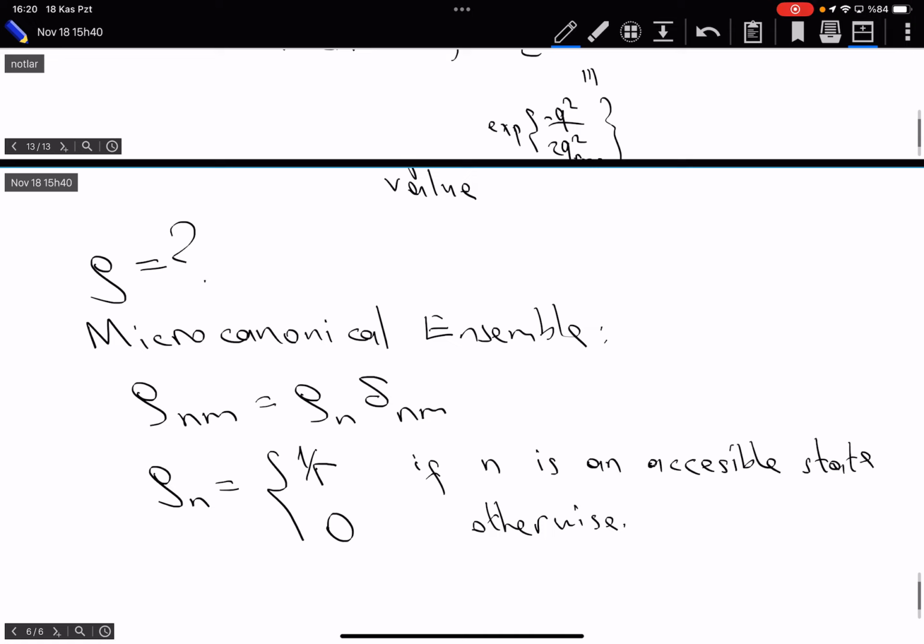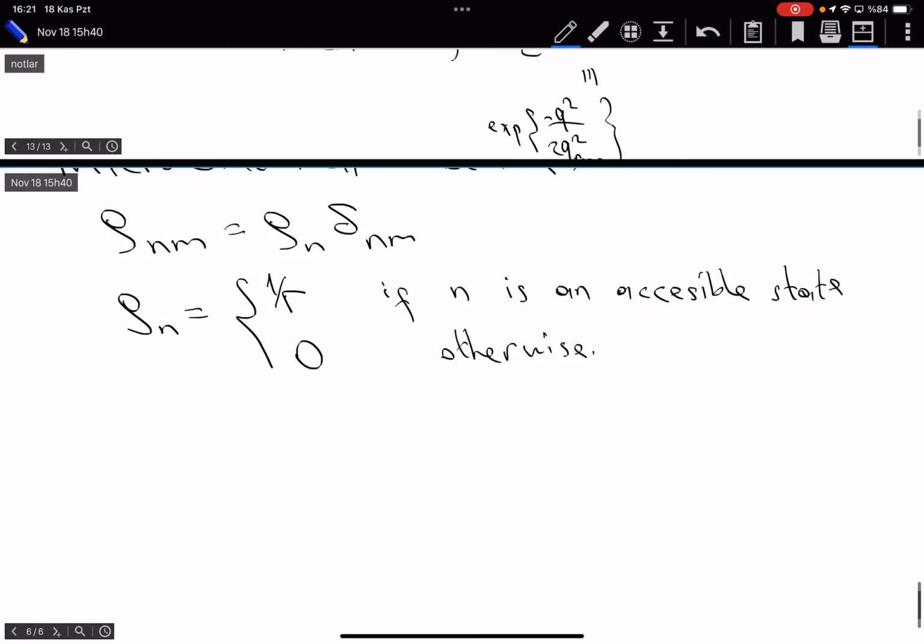This is the quantum mechanical expression of the same thing. If n corresponds to an accessible state, then they will all have the same probability. Otherwise, my system cannot go there anyway. Now, what is this rho_nm?